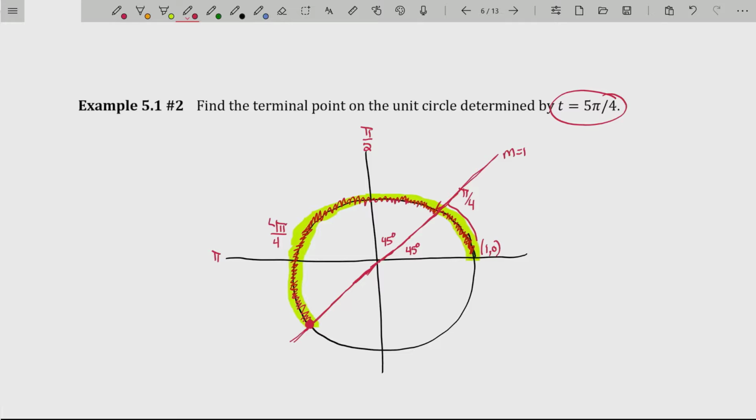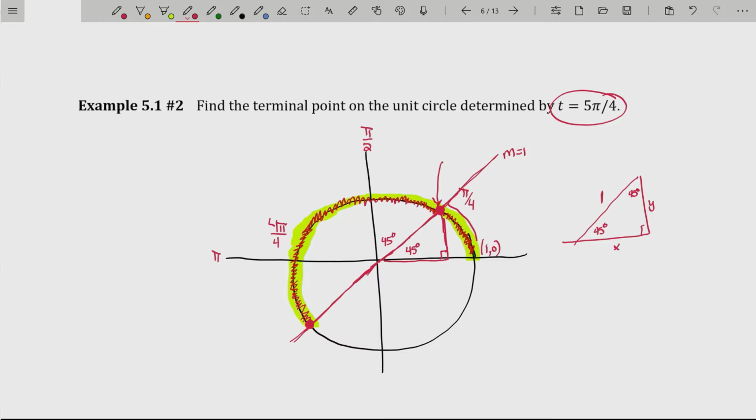So let's go ahead and at least find this point. There's a beautiful symmetry about these 2 points. So let's go ahead and find this point right here. I happen to know that I have a 45-degree angle and another 90-degree angle up. So if you just see this little right triangle here, and I know the radius is 1 because we're on the unit circle, the big question is, what is this x value and what is that y value?